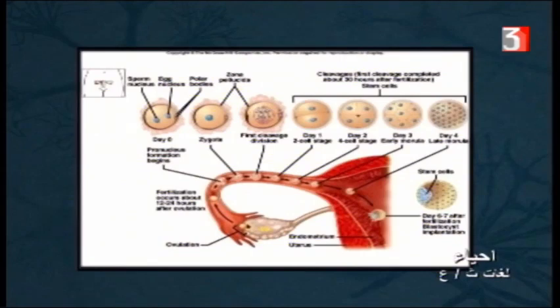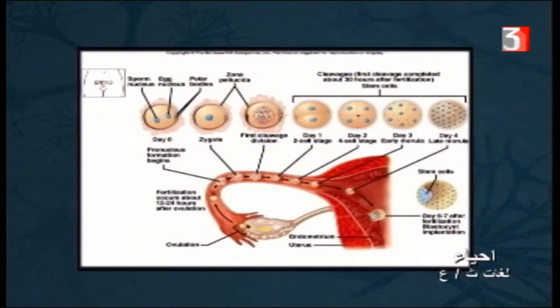The zygote is formed, and after that the zygote undergoes mitotic division. This mitotic division happens to increase the number of cells. The first cleavage division, day 1, is the 2 cell stage. Day 2, the 2 becomes 4 cells.